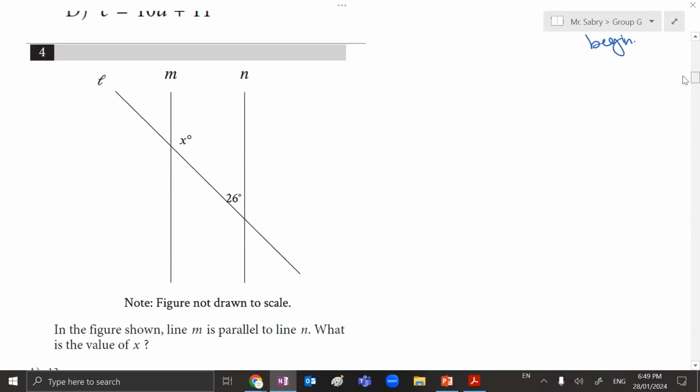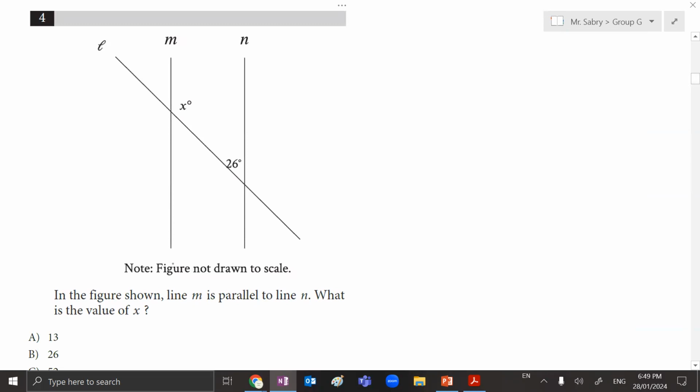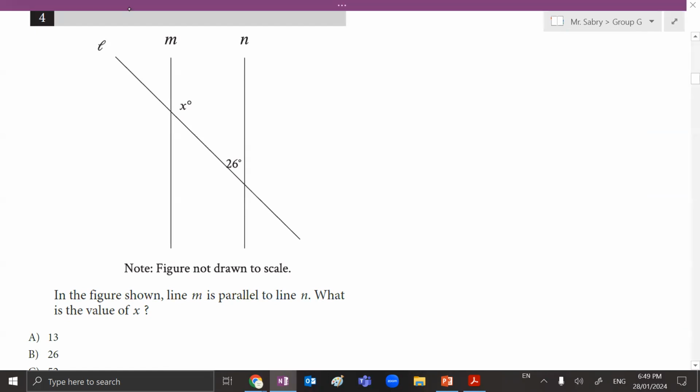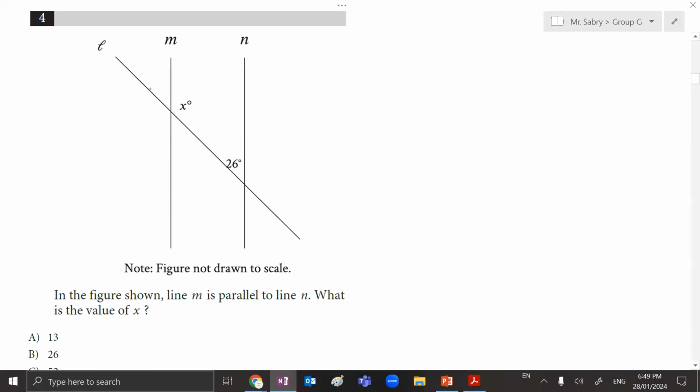Number 4, those are parallel lines. According to the parallel lines, there are important things to discuss. For example, all the acute angles are equal to each other, and all the obtuse angles are equal to each other. What do I mean by this? For example, this one is acute. This one is also acute. The opposite angles are equal.